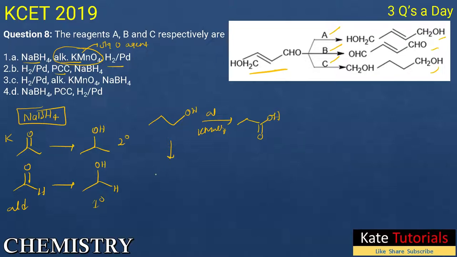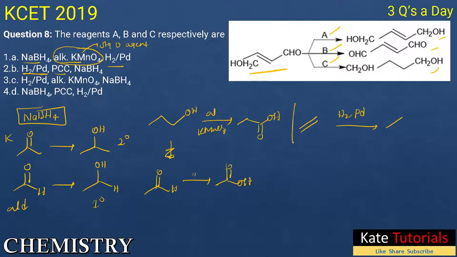In the same way, if any aldehyde is there and I add alkaline KMnO4, it converts to carboxylic acid. This you should know. And what about hydrogen in presence of palladium? If any alkene is there and I add hydrogen in presence of palladium, it converts to alkane.